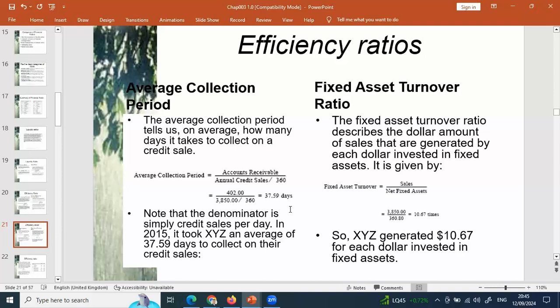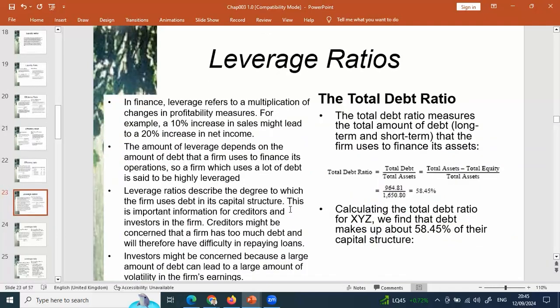Okay, all right. So that is how we do it for the efficiency ratio. And then the leverage ratio is total debt to asset.